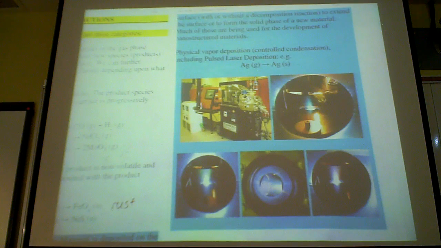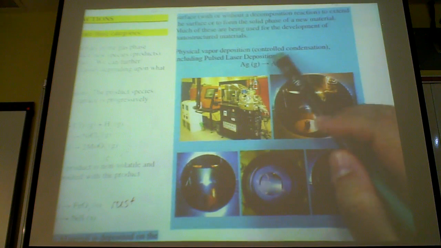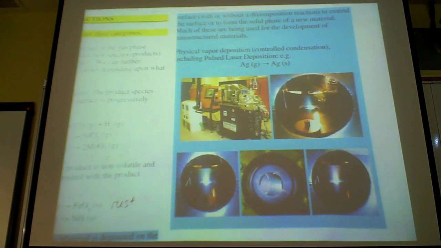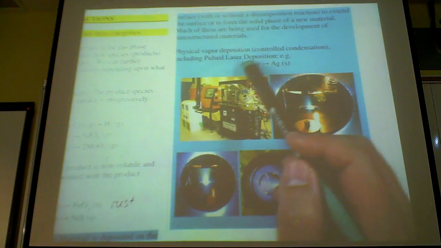Okay, and this silver solid can be a film, and this film can be amorphous or crystalline, depending on how good the match is. There's a lot of physics involved in the lattice matching between the substrate and the thing that you want to deposit.